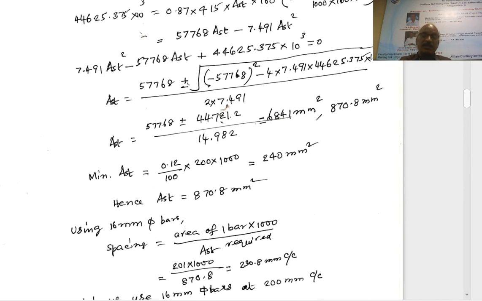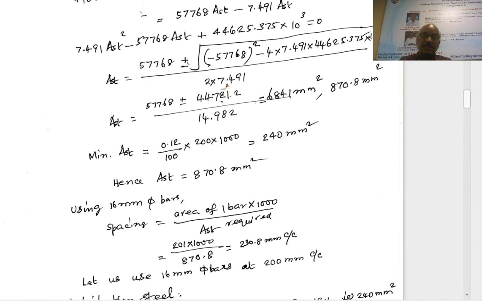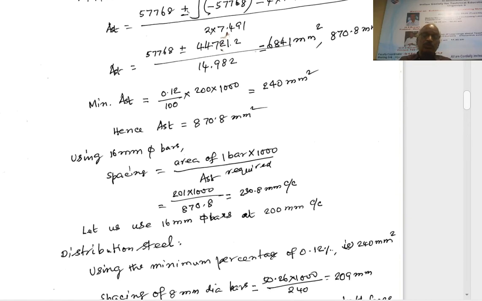It's a standard formula, right? Pi by 4 into 16 square will give you 201. 201 into 1000 by 870.8 equal to 230 mm center to center. So let us use 16 mm diameter bars at 200 mm center to center. That is about the main reinforcement.